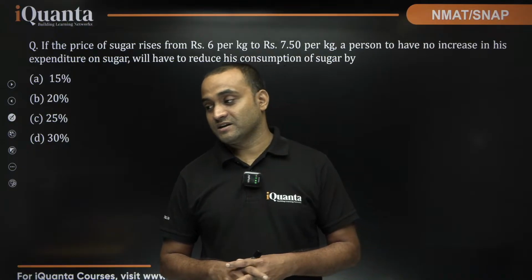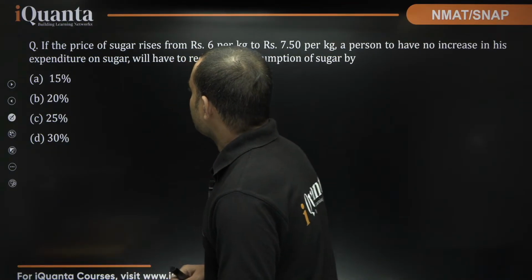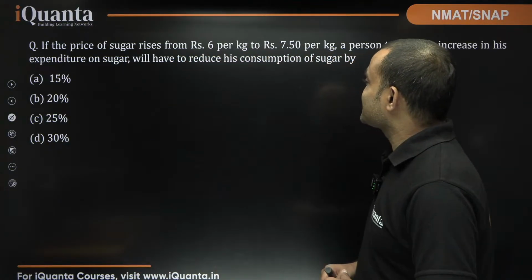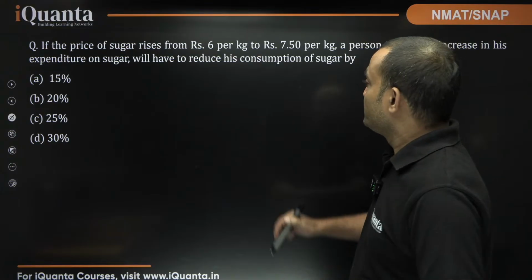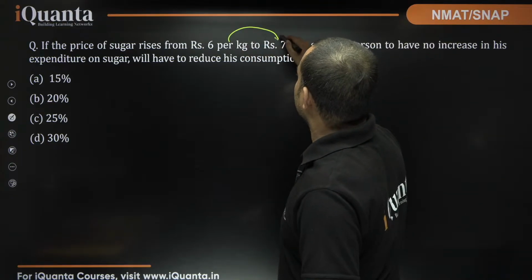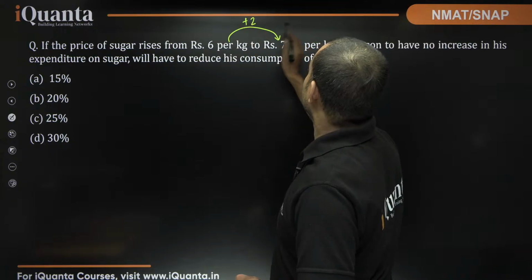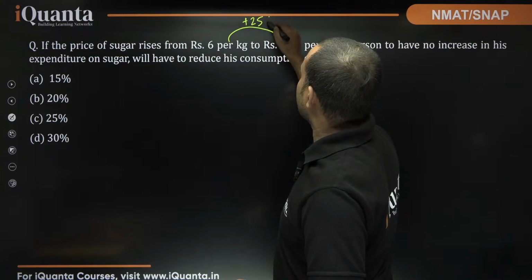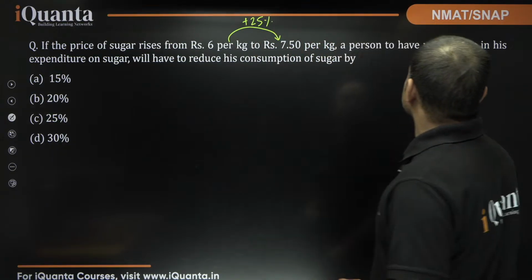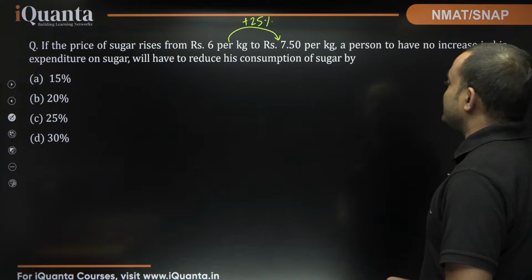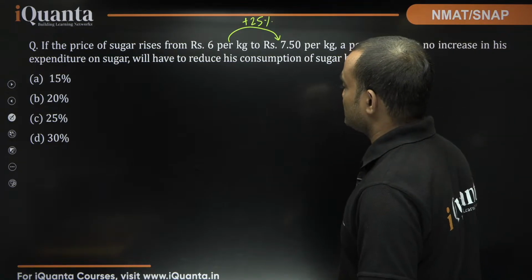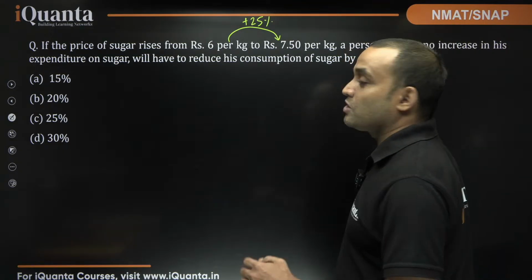If the price of sugar rises from 6 to 7.5, means there is an increase of 1 by 5 or 1 by 4 or 25%, right? A person, to have no increase in his expenditure on sugar, will have to reduce his consumption of sugar by.